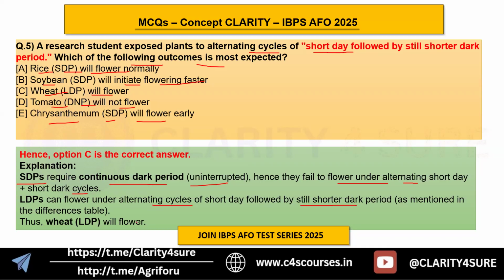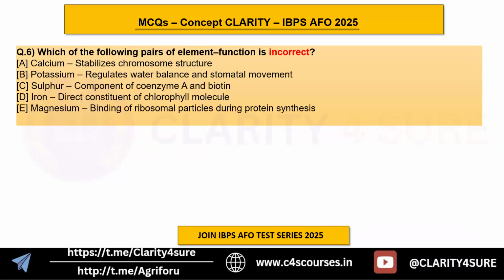That is why wheat was the correct answer here. All the other options are short day plants, with one day neutral and again one short day. The most appropriate example would be one that comes under long day photoperiodism for this particular question. Let's move on to the next question.